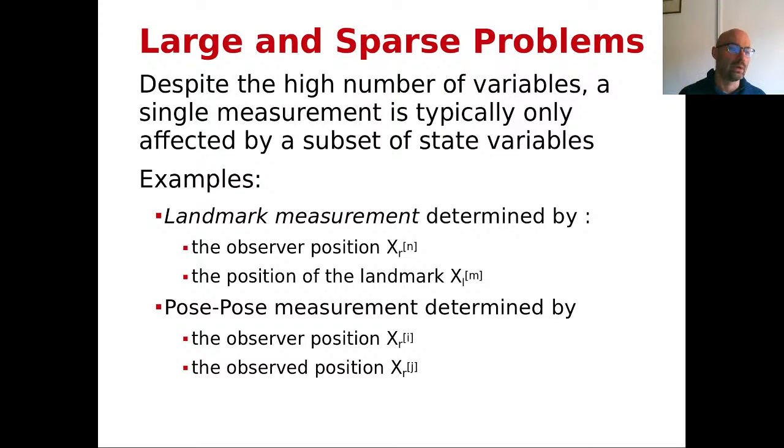In particular, in case of multi-point registration, we have seen that one measurement was depending on one robot position and one landmark position. In the case of the pose-graph problems, we have seen that one measurement depends on a robot position and another robot position. But in my state vector, I might have 100 robot positions. Okay?